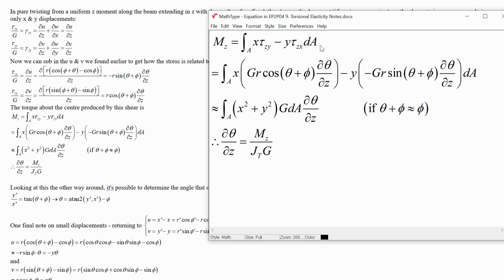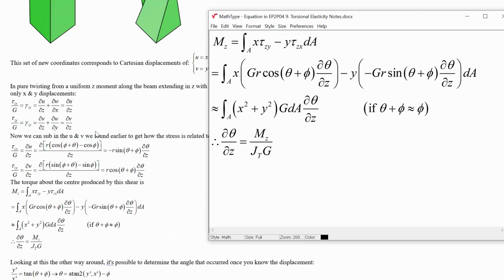Again, this relied on us being able to say that there was no twisting, so that the shear stresses were equal to just the slopes in the x per step in z and y per step in z for those shear stresses, rather than the w displacement, the z displacement there.